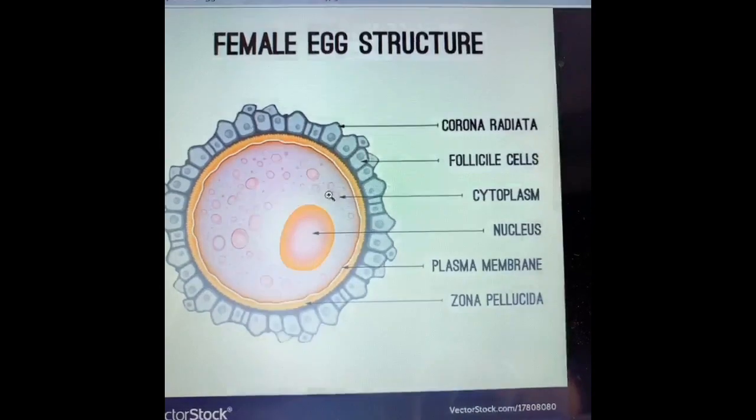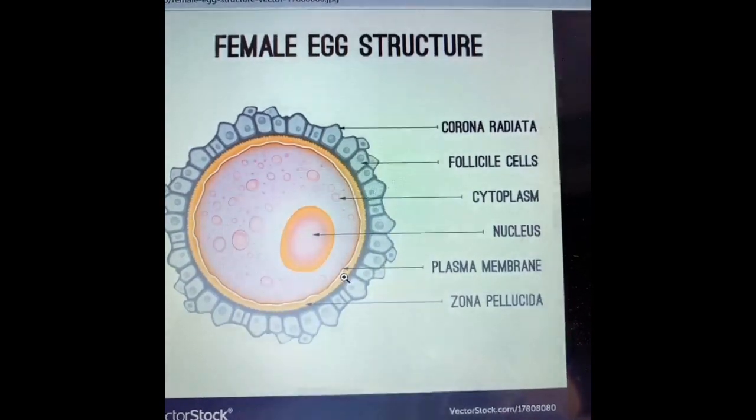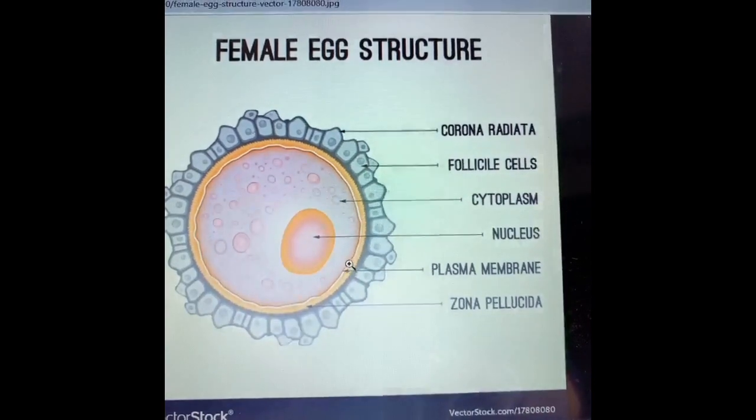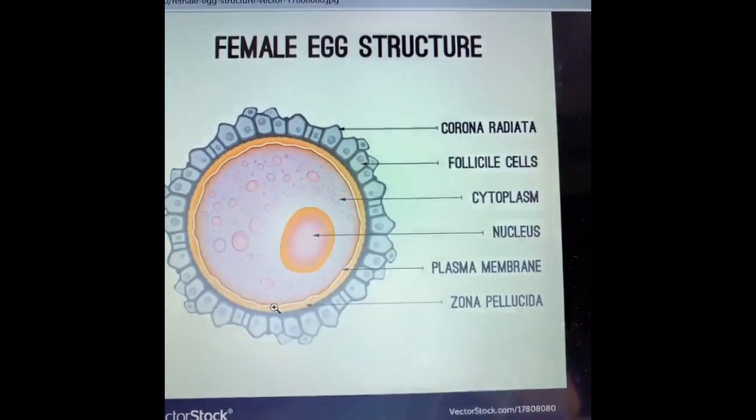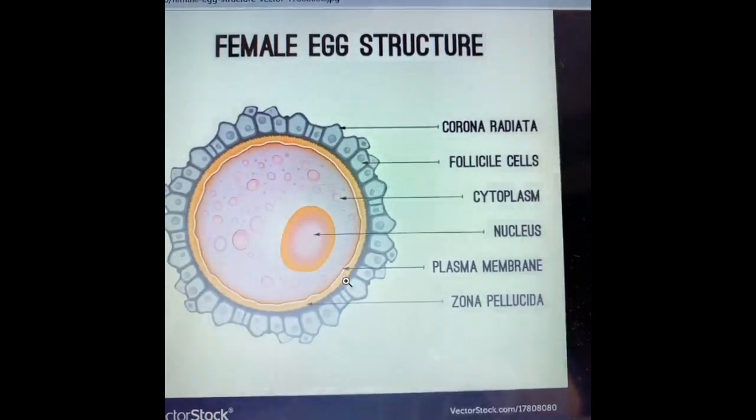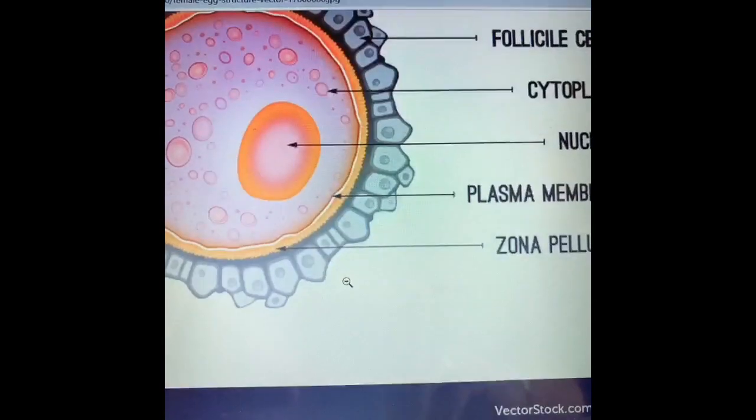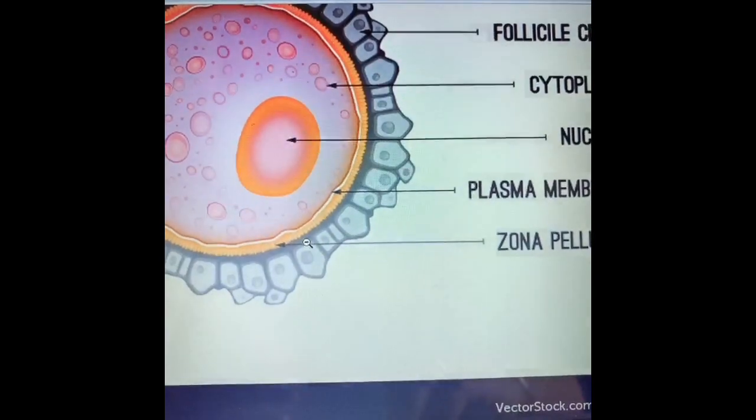The cytoplasm is covered by a plasma membrane, and just outside the plasma membrane is a narrow perivitelline space, and just after the perivitelline space you see the zona pellucida.